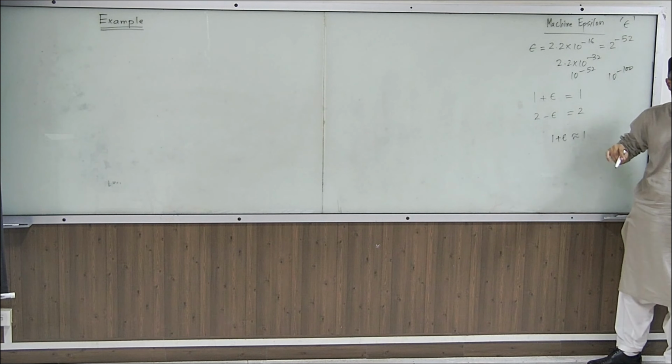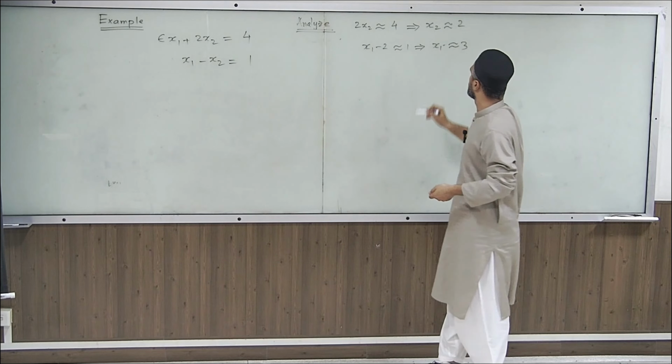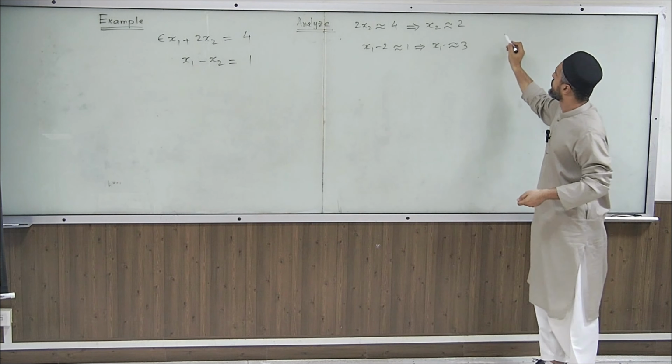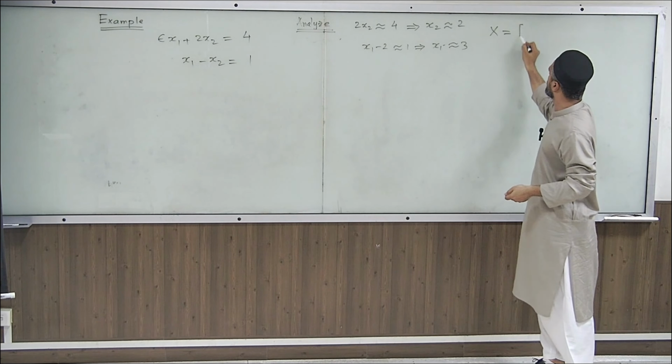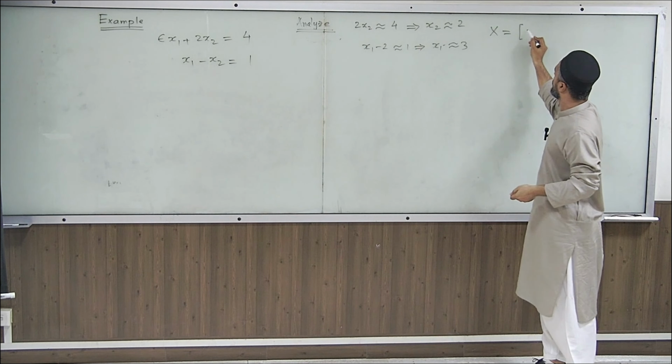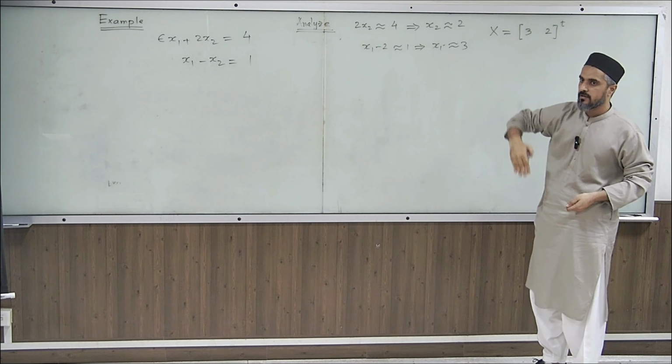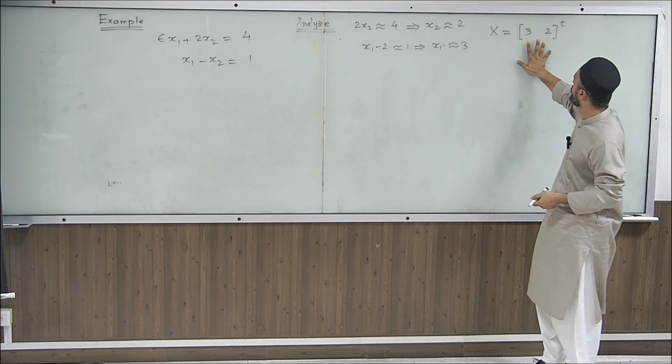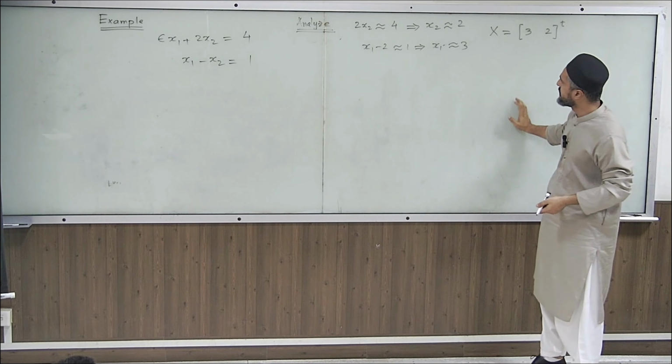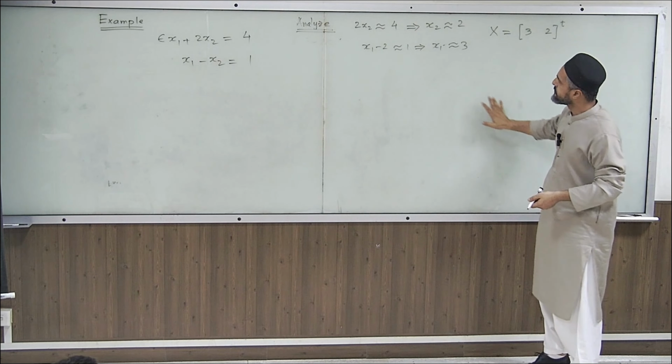If I plug this into the other equation, x1 minus 2 is approximately 1, so x1 is approximately 3. So the solution is (3, 2) transpose. I write a transpose because we write it as a column vector; I'm just writing a row vector, so I put a transpose. This is the solution we got from the analysis.